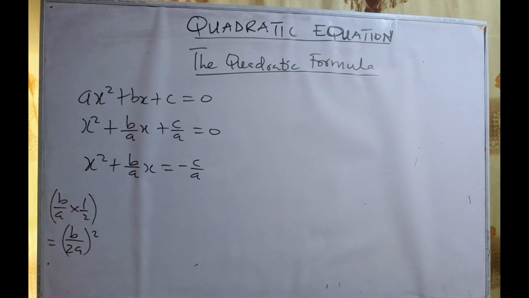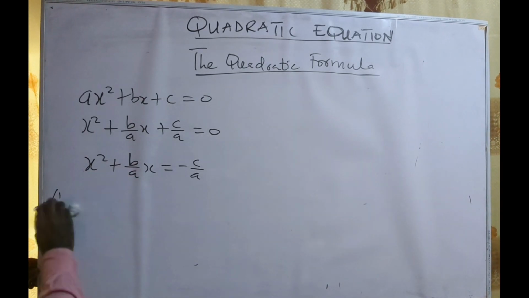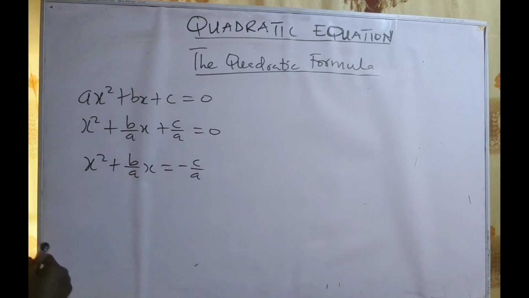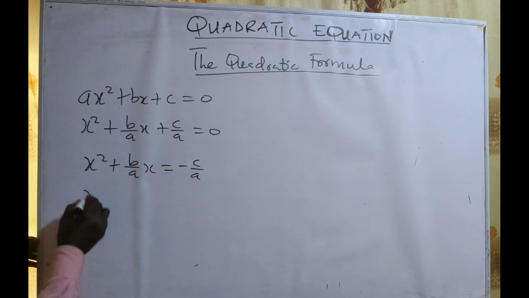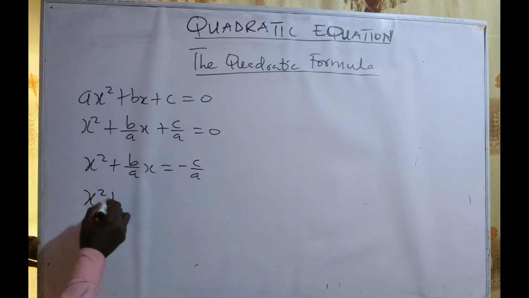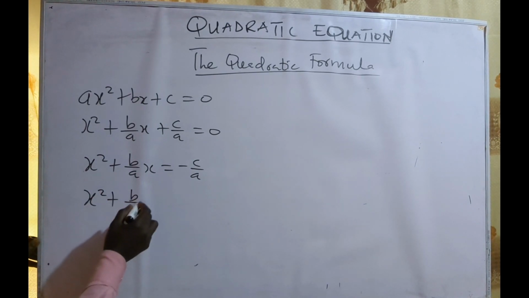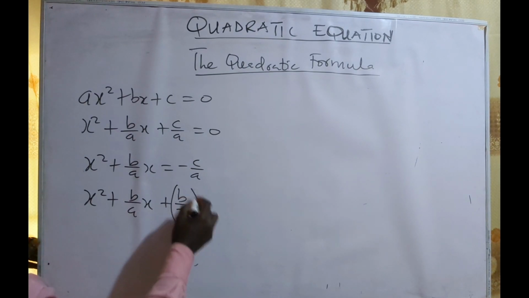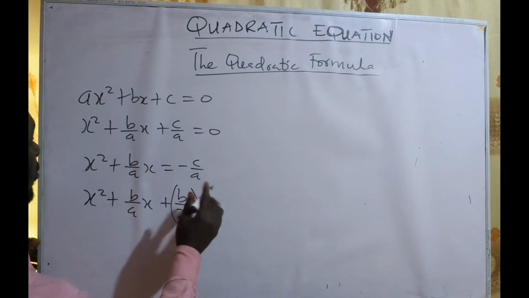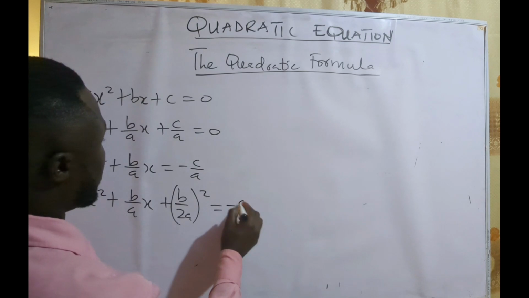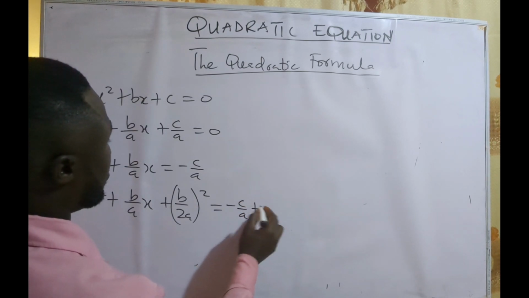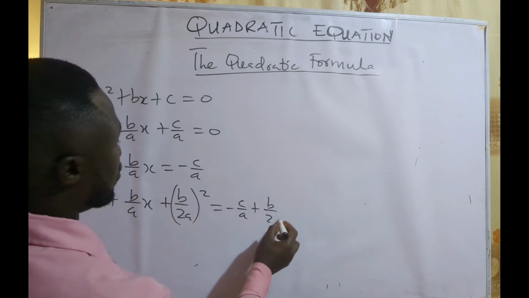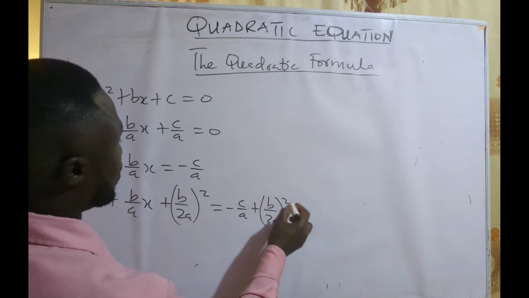So we have x plus b over 2a all squared equal to minus c over a plus b over 2a also all squared.